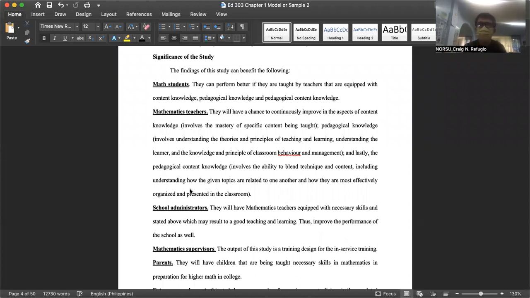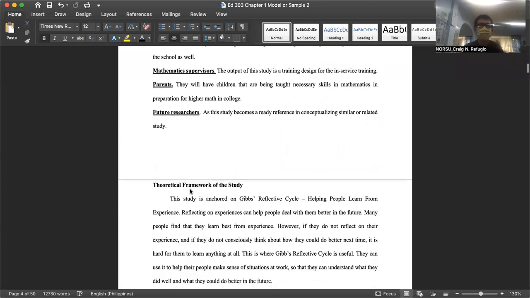What you are going to remember in the significance of the study is that when you are able to identify who can benefit from the findings, what are those different agencies or organizations, you are going to mention in what way they can benefit. So you are going to specify exactly what kind of benefit and in what way they can benefit.